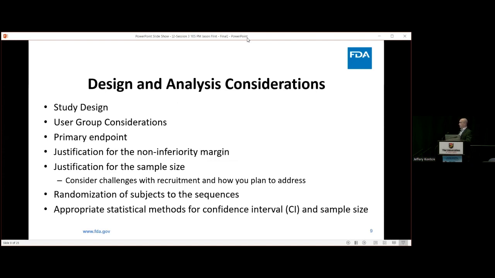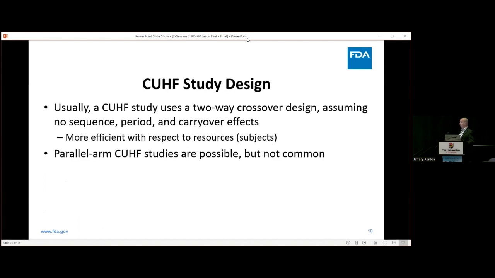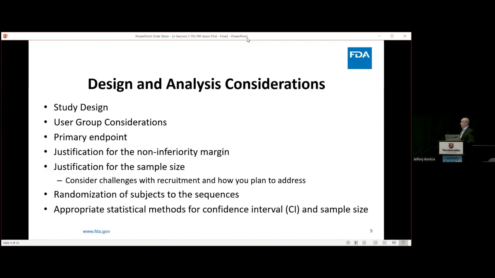And just to pause there, you want to consider any challenges that you might have or foresee with recruitment, and then how you plan to address those. Randomization of subjects to different sequences, and then appropriate statistical methods for confidence interval and sample size. And my hats off to my colleague, Somesh, for those last set of slides. I'm not a statistician, so Somesh keeps me out of trouble.